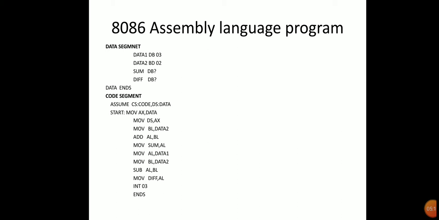So I initialize the data in the 8086 microprocessor program, and in the code segment we assume the code segment and the data segment. Now start the data: move to the AX register, and the AX register again moves to the data segment register.